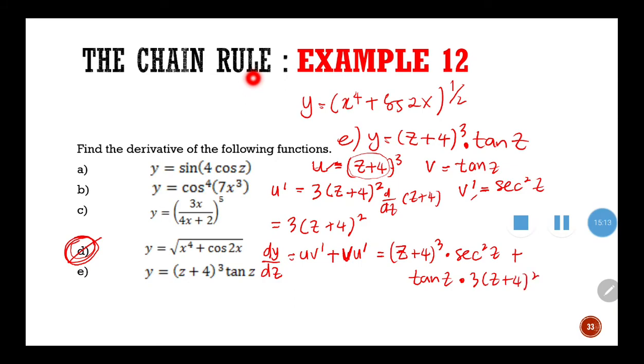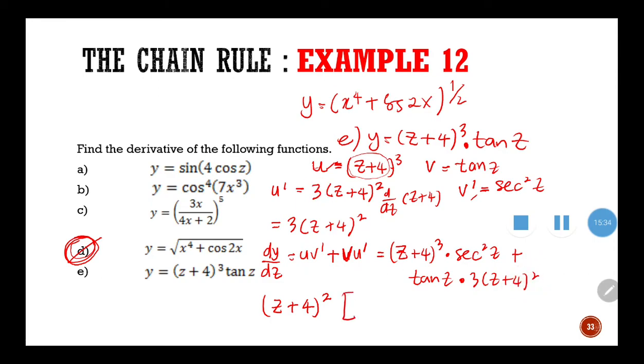Okay, so kalau you tengok this function, there is something in common which is z plus 4. So in this case, you bolehlah factor out (z plus 4) power of 2 kan. Power of 2 lah sebab yang paling kecil kuasa, tak akan nak kuasa 3. Okay, because the minimum we have here is power of 2.